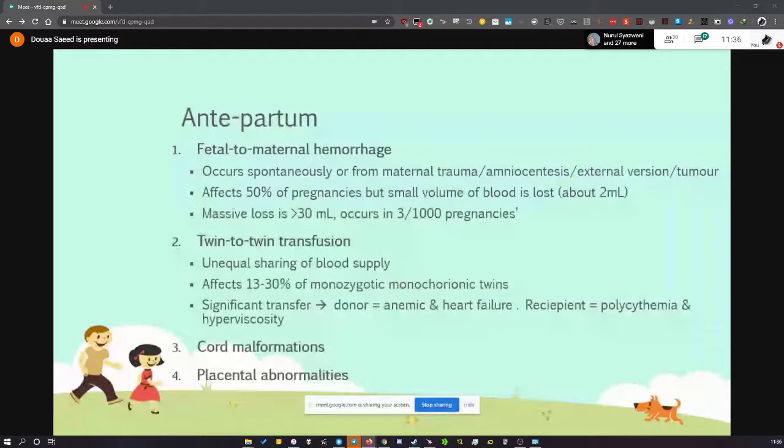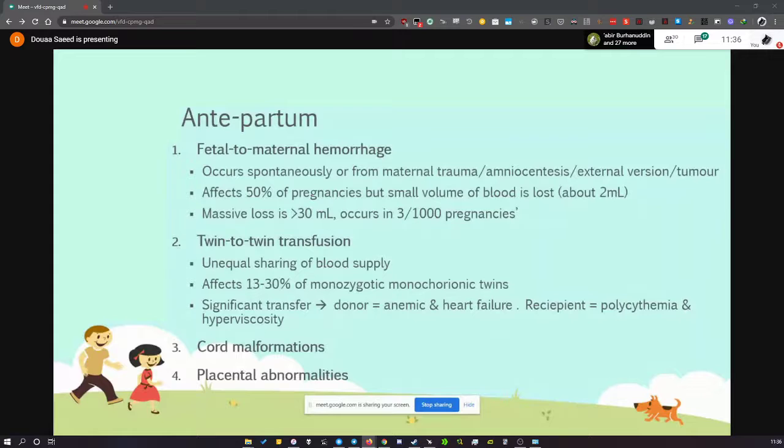So the hemorrhage starts from the mother, and then later it affects the fetal circulation. Is it?